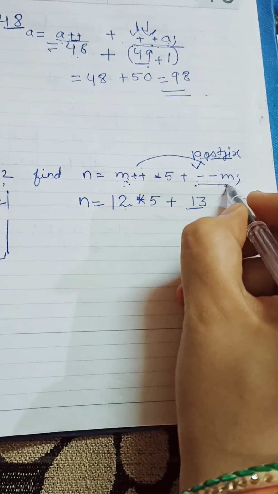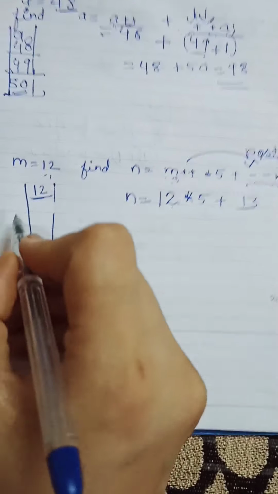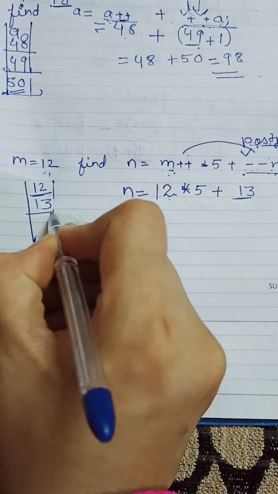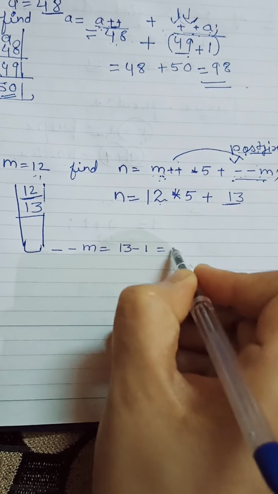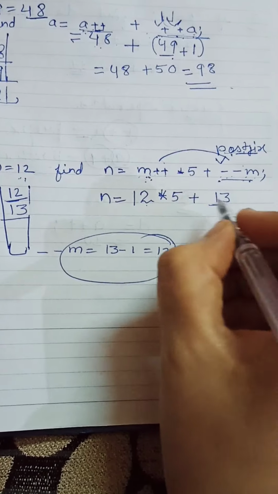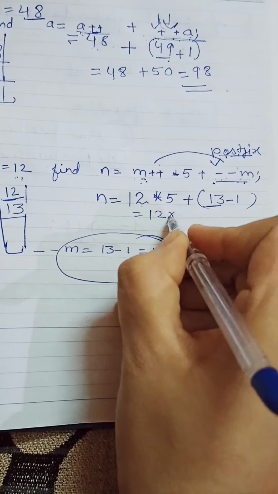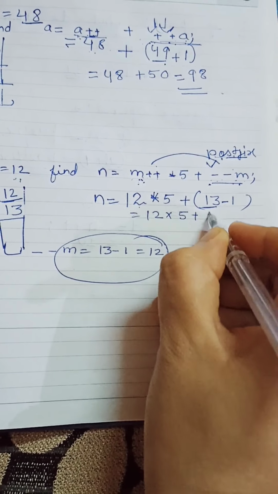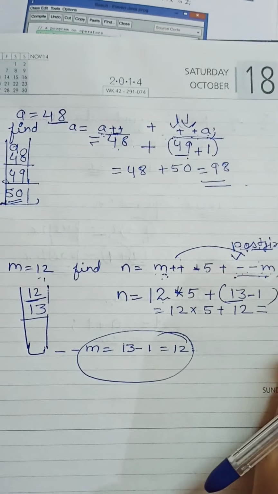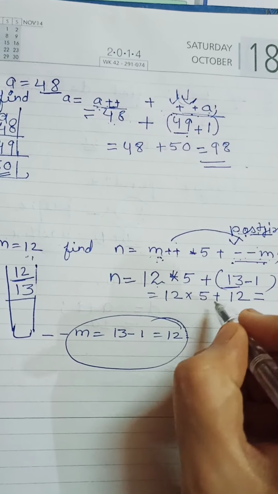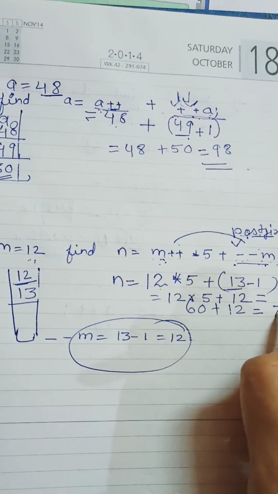Now it's time to do the prefix. The new value of m is 13, and --m is 13 minus 1, which is 12. So it is 12 multiplied by 5 plus 12. The answer will be 60 plus 12 is equal to 72.